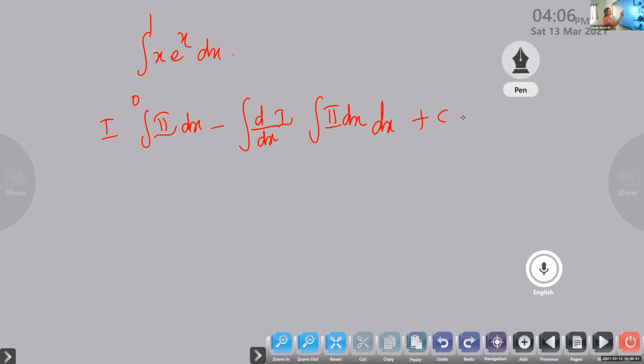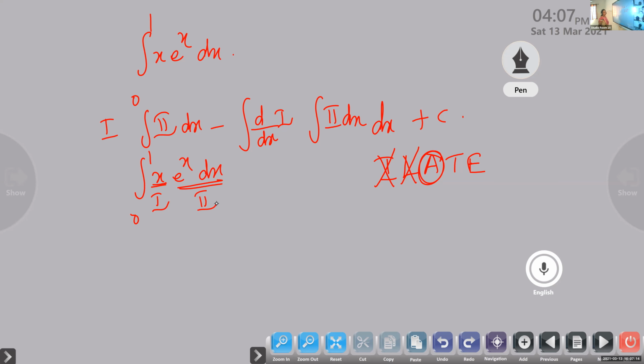For selecting the first function, we have a rule. Here we don't have an inverse function or logarithmic function, but an algebraic function is there. So in integral 0 to 1, x into e raised to x into dx, x is the first function and the remaining is the second function.